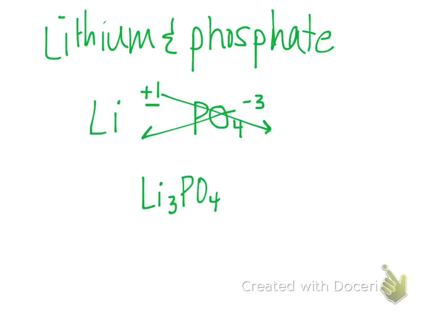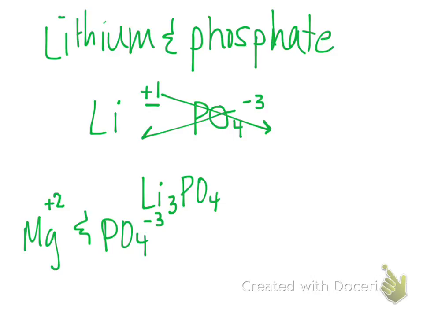Okay? And let me show you if we have more than one phosphate molecule, what would that look like? So let's look at a combination between magnesium and phosphate. Magnesium has a +2, and phosphate's charge is -3. So now let's take a look at how we balance these.